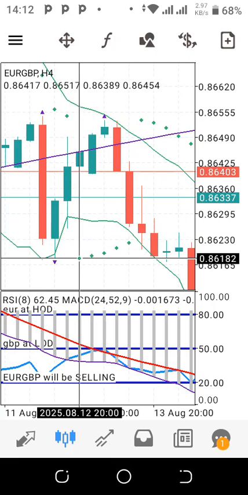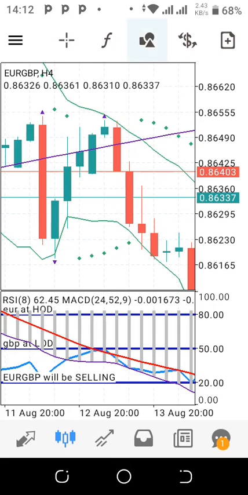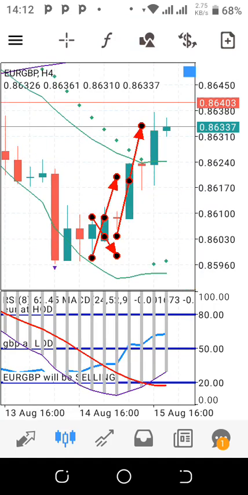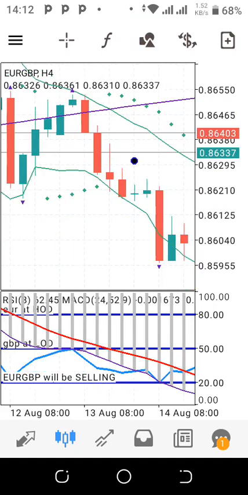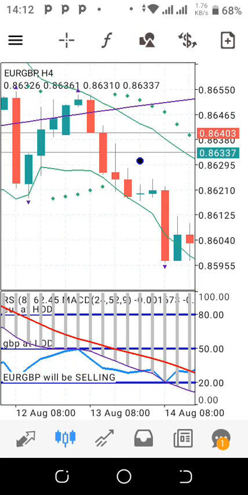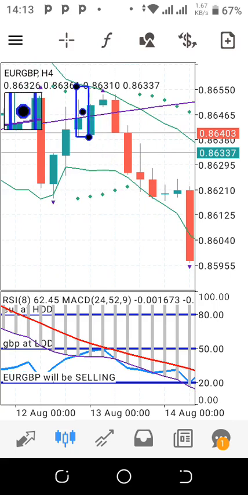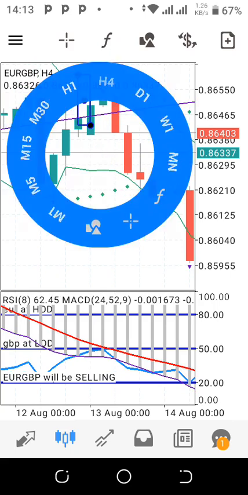Like here now, these two candles: one of those candles is the last candle of the day, while the other one is actually the first candle.